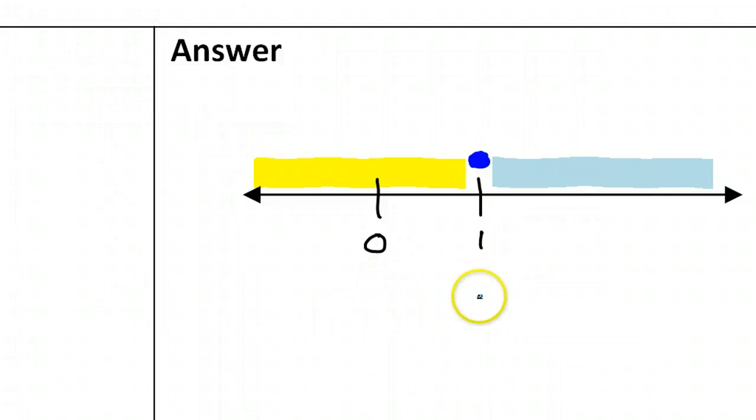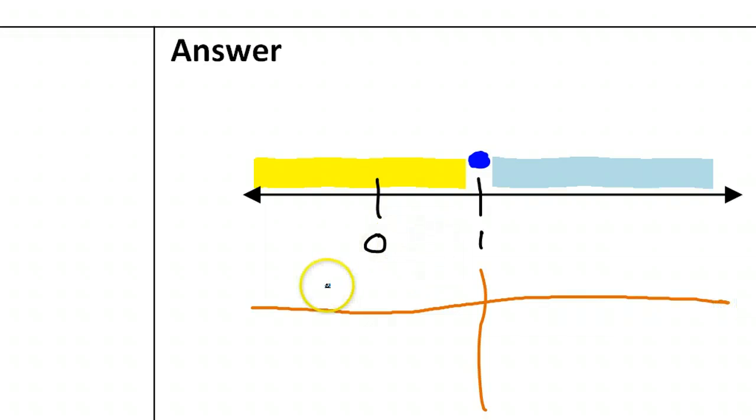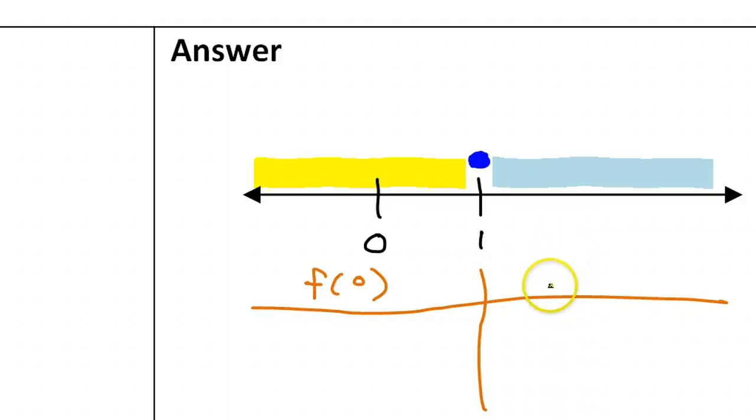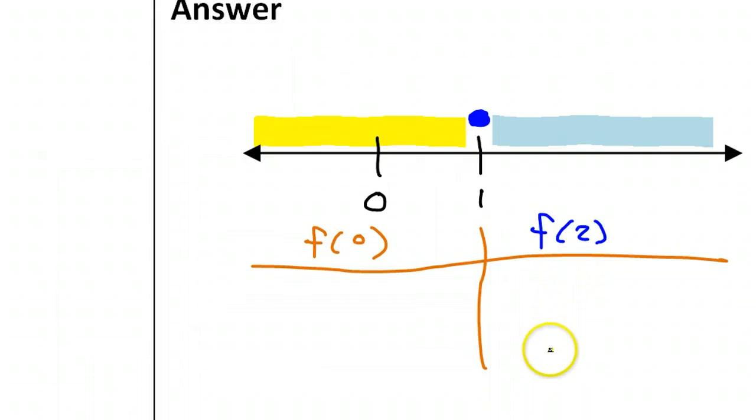I'll make the little chart like I used to do. In the yellow zone, let's use 0 as a test value. In the blue zone, let's use 2. Just keep it simple. So these will be my two test values.